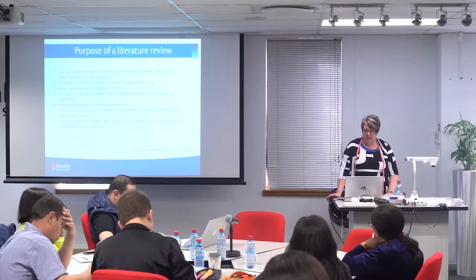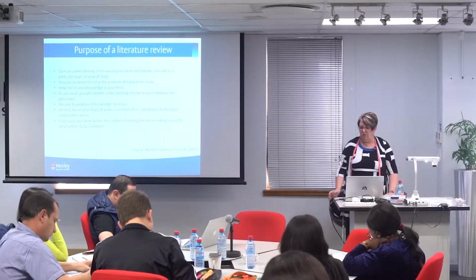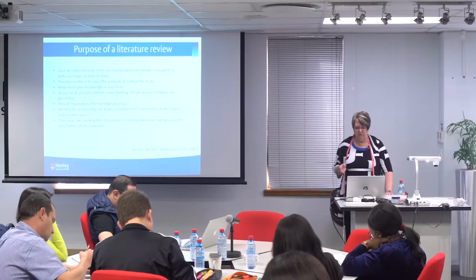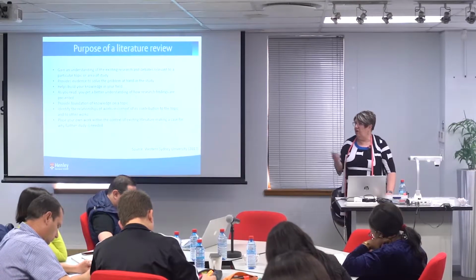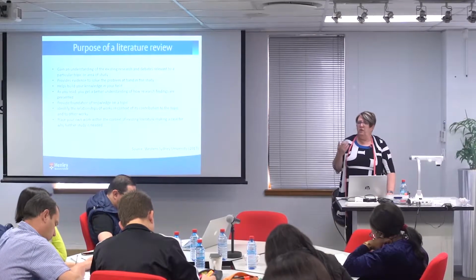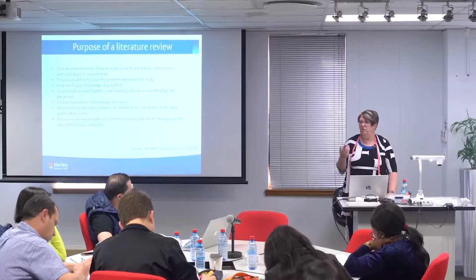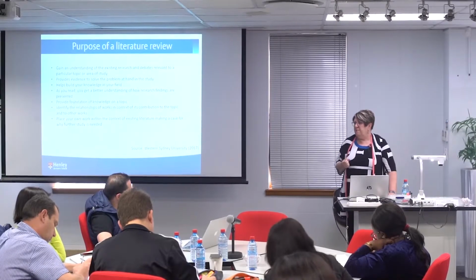It helps you to identify the relationships of works in context of its contribution to the topic and to other works. So you cannot do a literature review using only one article. You can get into a lot of trouble if you use too much of one source, one reference. So say for example, again, you want to get to a definition of strategy. You are going to now find 10 definitions of strategy.